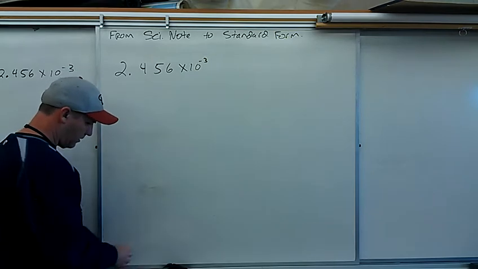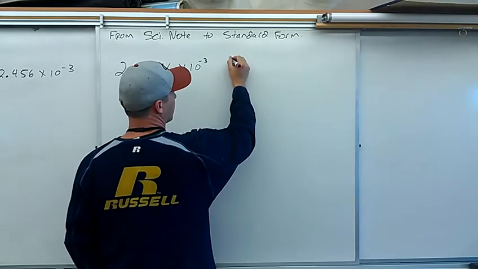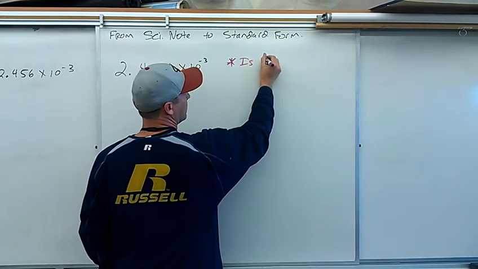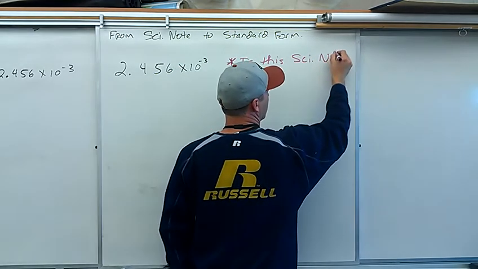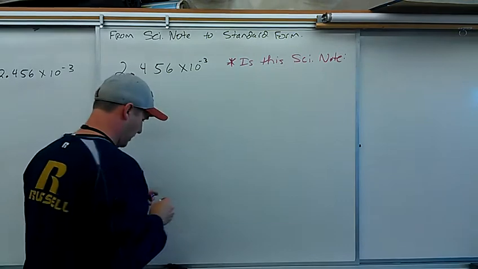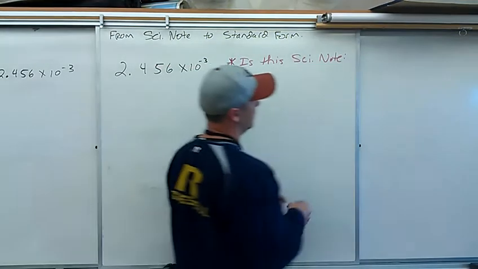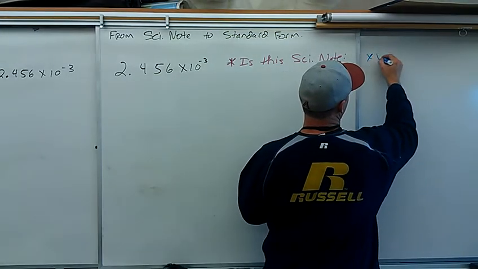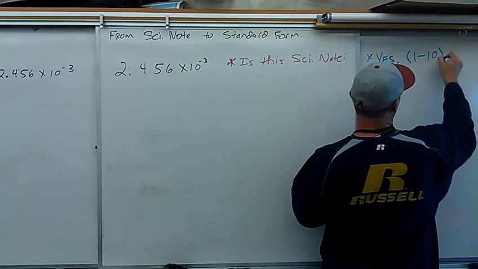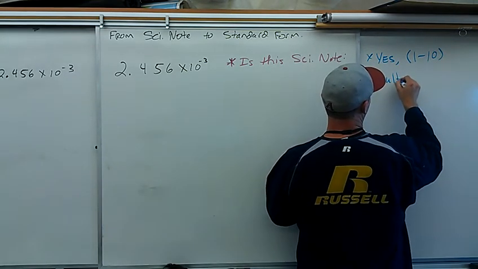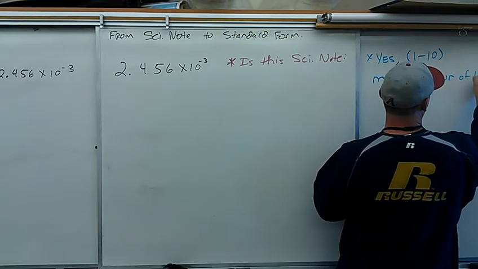So the first thing we ask ourselves is, is this written in scientific notation? The answer to that is yes, because it's between 1 and 10 and being multiplied by a power of 10.